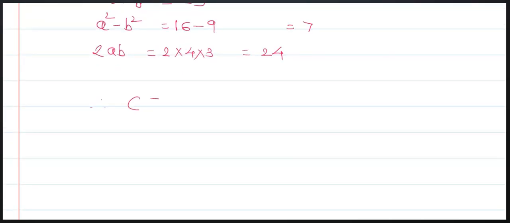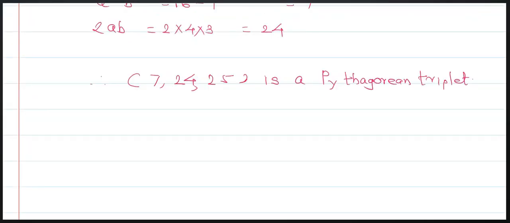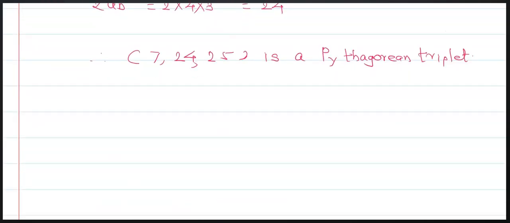Therefore, 7, 24, 25 is a Pythagorean triplet. This is the Pythagorean triplet.